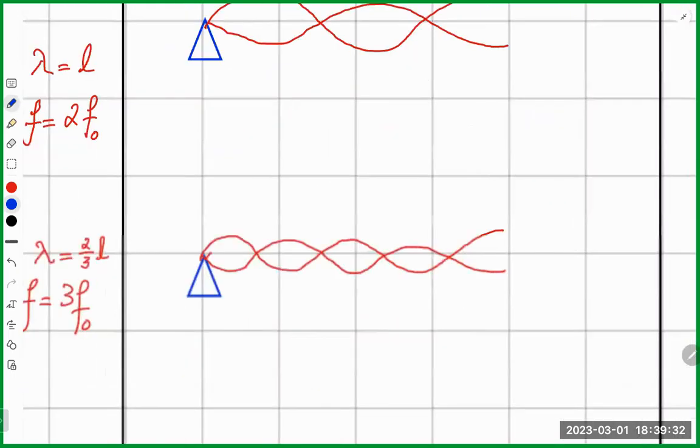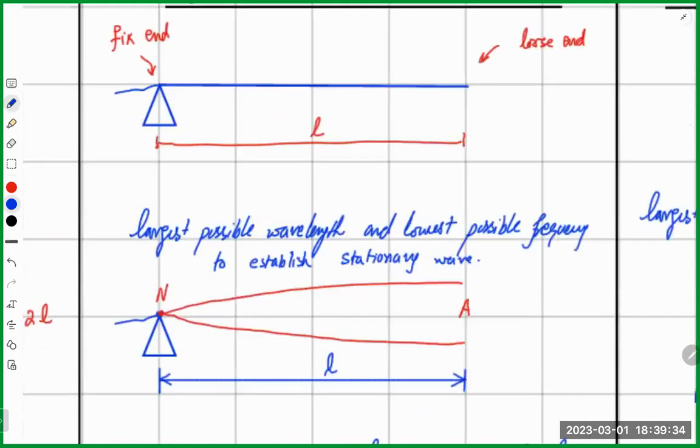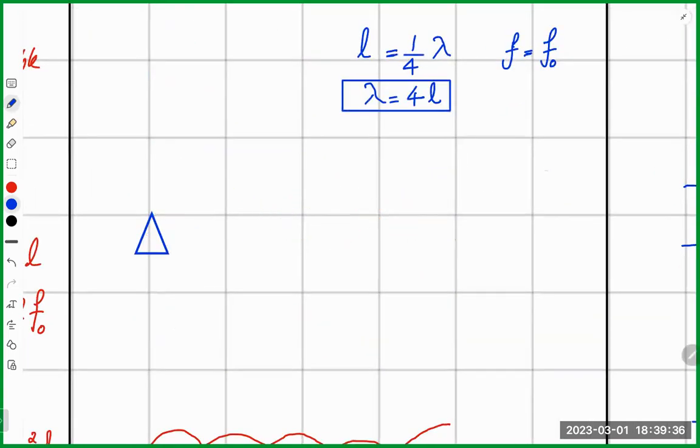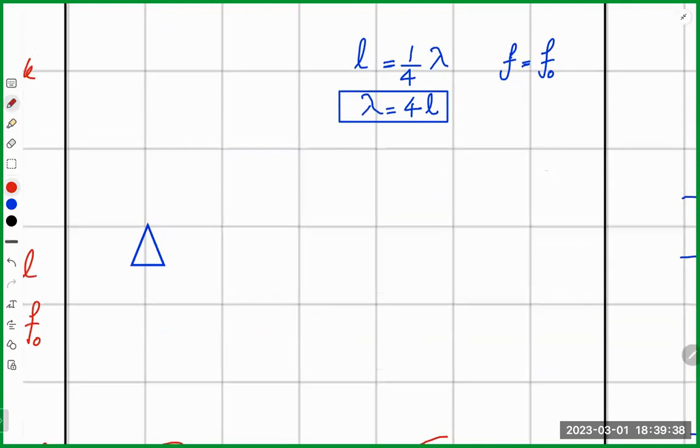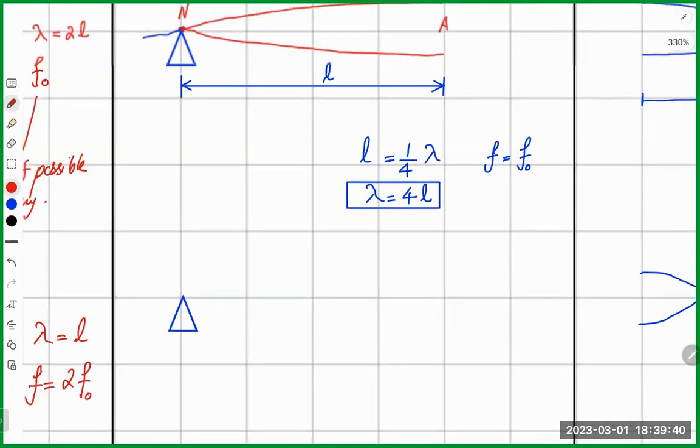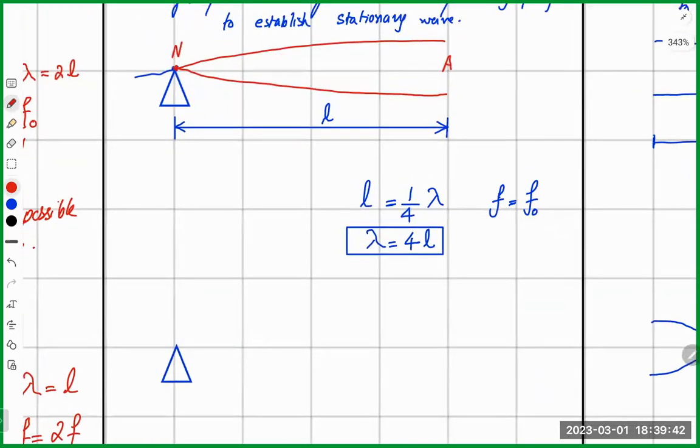So the next possible wave will be, if we increase the frequency and decrease the wavelength, the next possible wavelength will be like this.